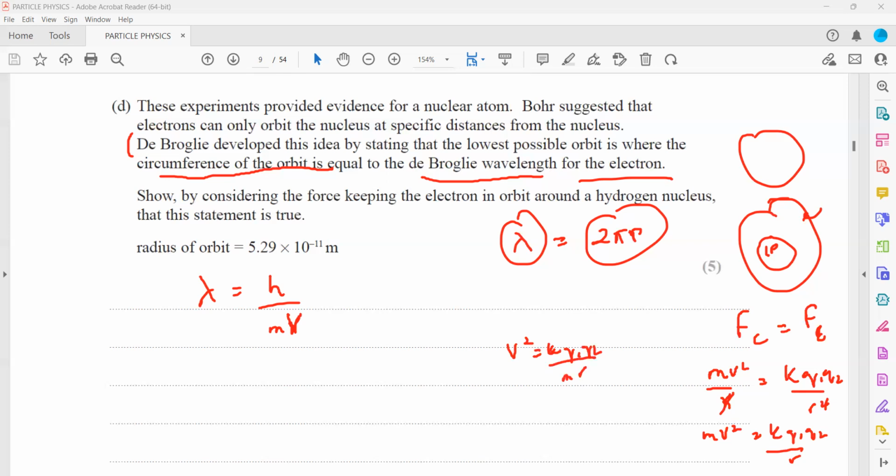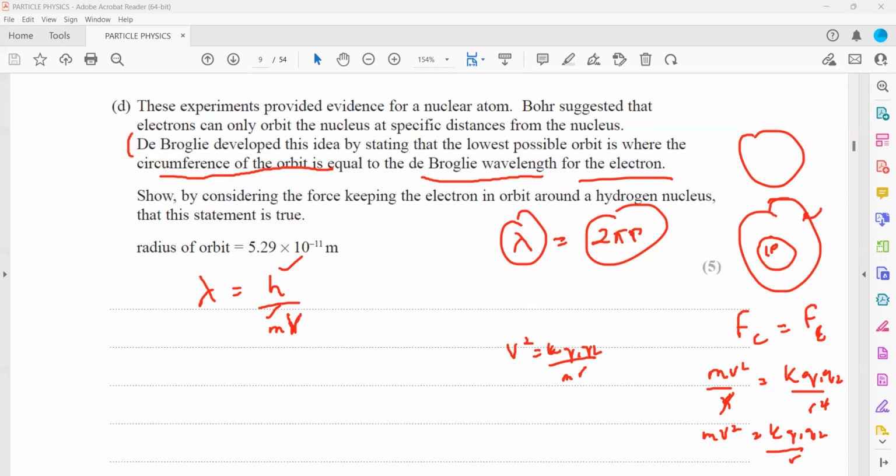Then we take a root. k is a constant which we already have. To get lambda, we need h, a constant which will be given in the exam. You don't have to memorize it, but if you remember, that's good: 6.63 × 10^-34. m is the mass of the electron, which is 9.11 × 10^-31, also a constant.